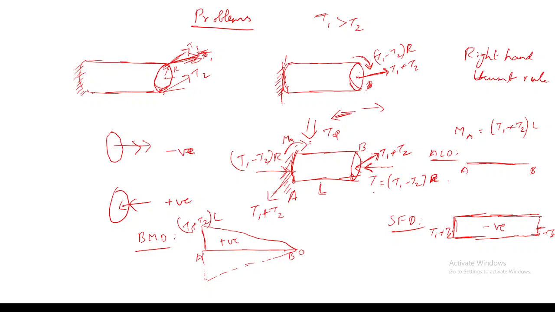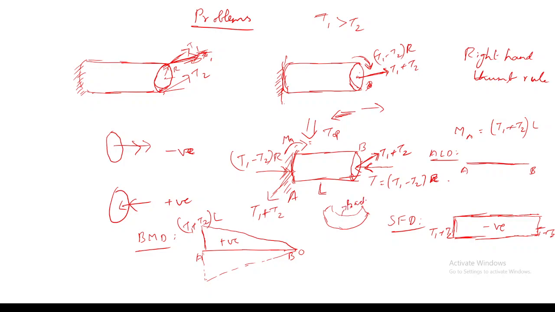If you look from the top, then the back fiber will be in contraction. So if we look from the top, or from the front also, for this particular loading, the back surface will actually be contracted. This view I am drawing from the top, and this is the back surface.